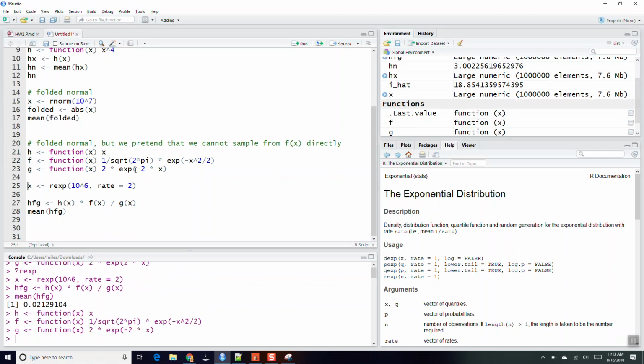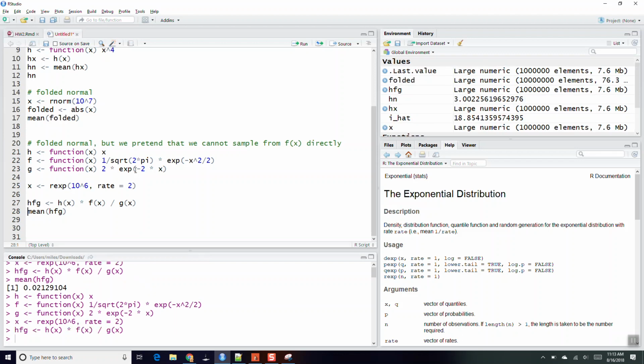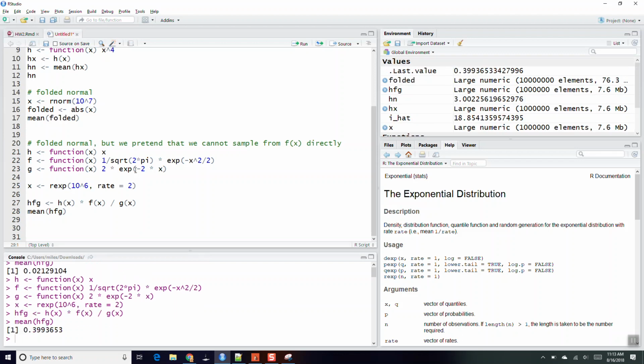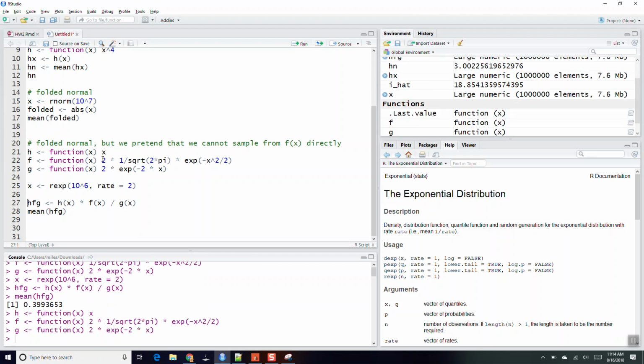That'll make a difference. And I'm still getting something wrong. The mean of the f is 2 times this. That's why. Okay, that'll. Got to read my own notes. Okay. All right.